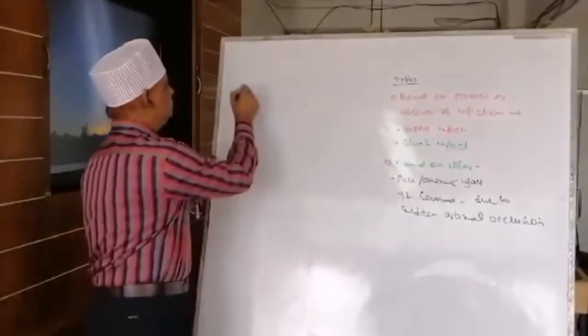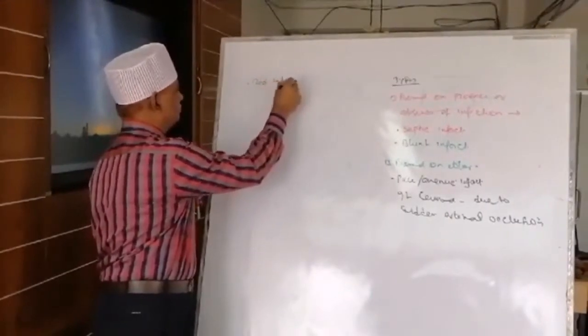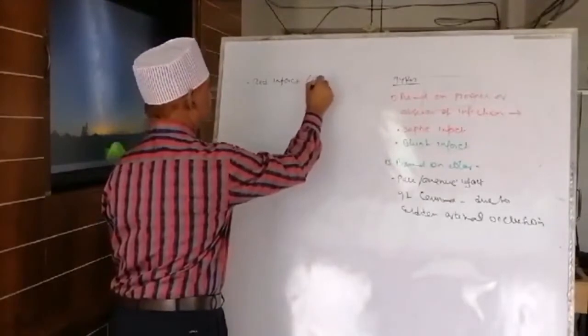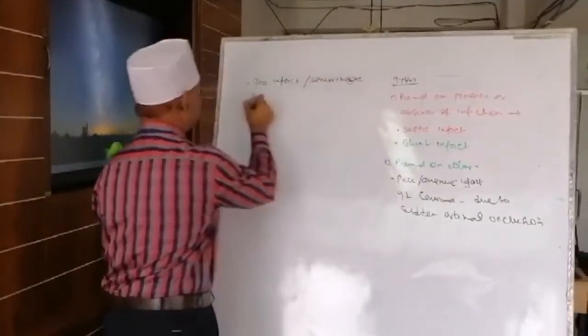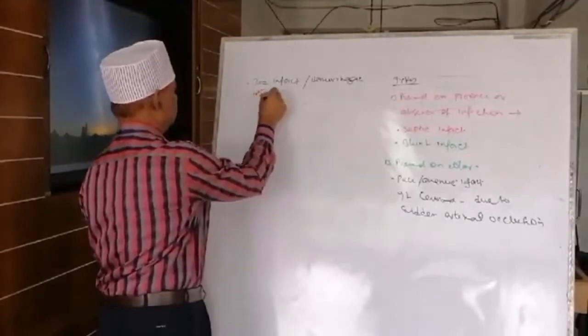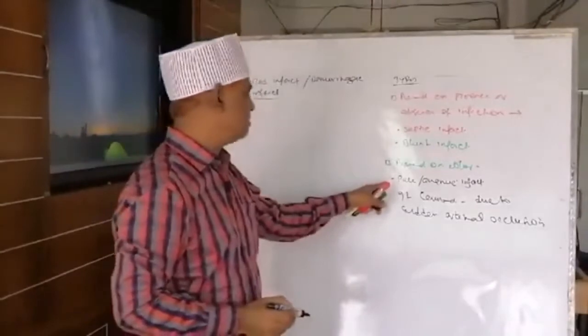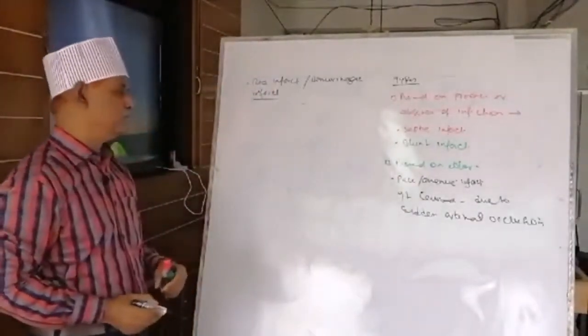Another is red infarct. It is also called hemorrhagic infarct. Dear audience, on the basis of color, there is pale infarct or anemic infarct, and another is red infarct or hemorrhagic infarct.